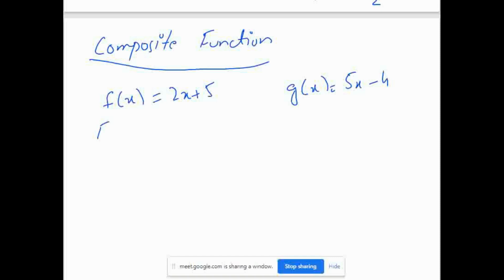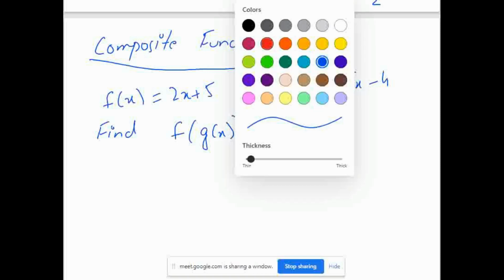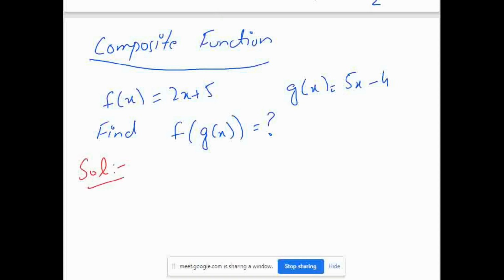If the question is find f of g of x, good, that's very good. Yes, exactly. Now here you can see that in the bracket you have to write the value of g of x, or the function g of x. Clear?